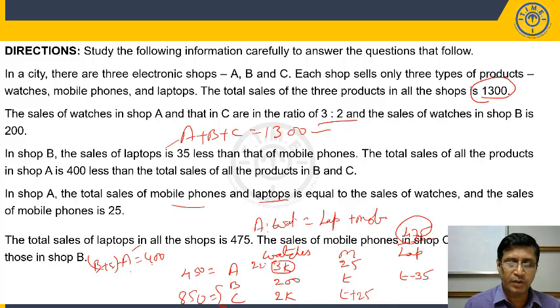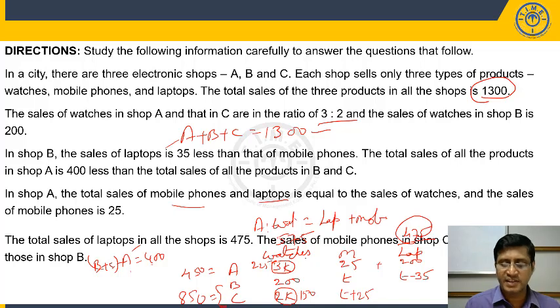The sum of these two parts is equal to 225, but already 25 is given, so the remaining is 200. 3K is equal to 225, so K is equal to 75, then 2K is 150. Okay, 150 plus 200 plus 225. So the total number of watches is equal to 575.